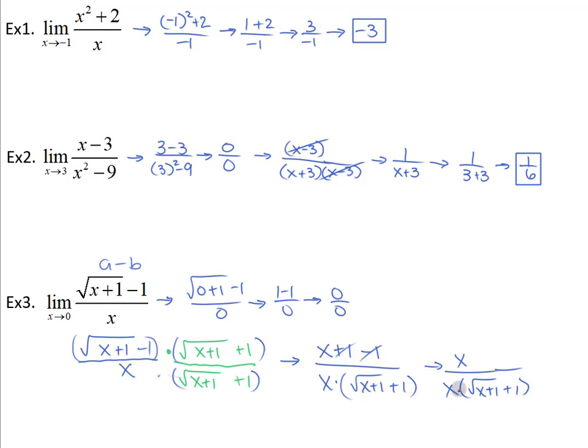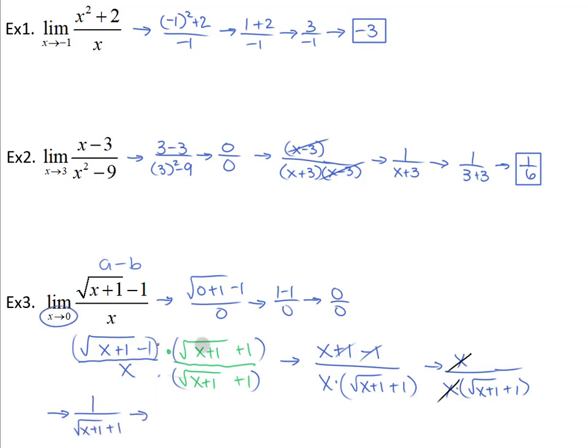And now you might see, finally, we get to cancel these x's. All of that work was to really be able to cancel out these x's. So we end up with 1 over our radical, and we can finally plug back in.